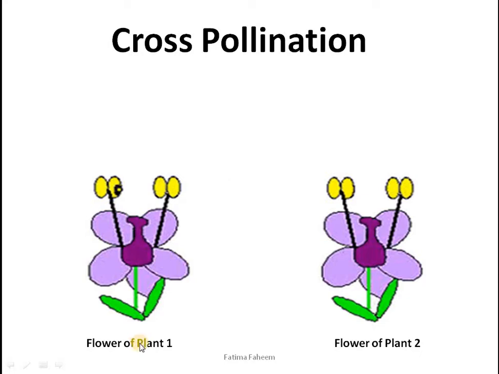Maybe the flower of plant 1 does not have a mature stigma. So the male and female reproductive organs may mature at different times. So the pollen is to be carried from the flower of plant 1 to the stigma of the flower of plant 2. This is cross-pollination.